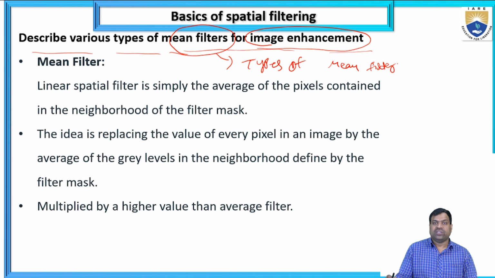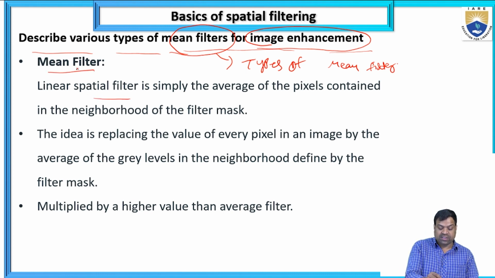So the mean filter is a linear spatial filter, simply the average of the pixels contained in the neighborhood of the filter mask. The idea is replacing the value of every pixel in an image by the average of the gray levels in the neighborhood defined by the filter mask. Actually, we discussed there are two types of filters, linear and non-linear.